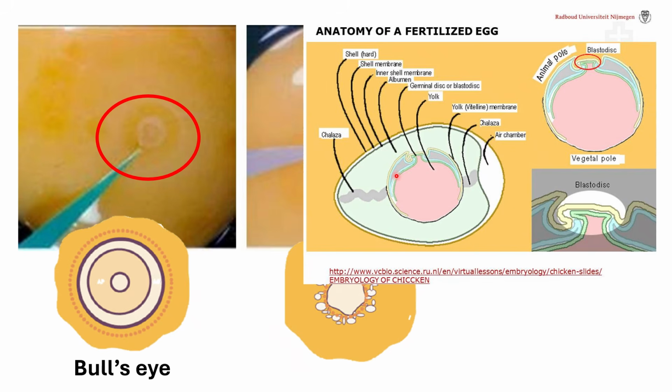Here you can see the location of your blastodisc or blastoderm, depending on whether it is fertilized or not. And you can see that it is attached. It's a very thin, flat, circular structure on top of the yolk.